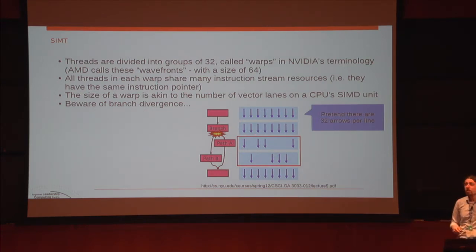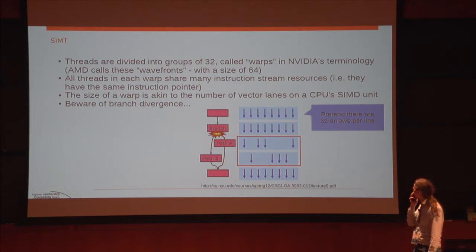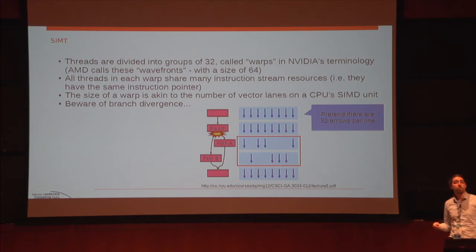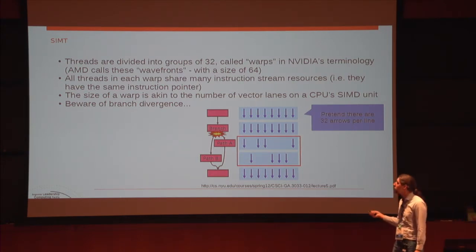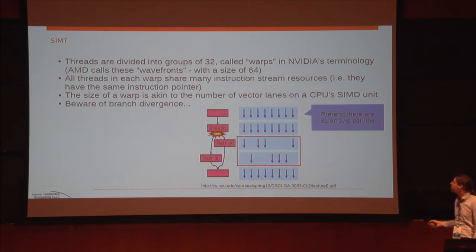But it does lead to a challenge from the programmer's point of view. The challenge is that these threads have to share the same instruction stream. That means it is fine if they're actually doing the same thing. But if there's any kind of branch, any kind of divergence between the threads, where some of them want to do one thing and some want to do the other, then you end up with a performance loss, because all of the threads in this group, the warp in NVIDIA's terminology, have to go through both paths.